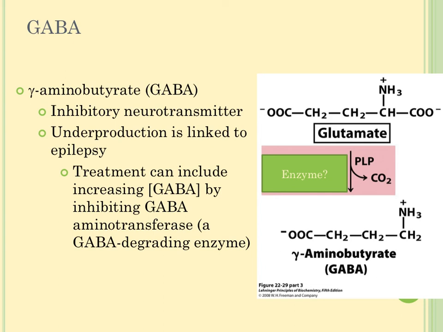The enzyme uses PLP. It's removing carbon dioxide. So what class or classes of enzymes can this one be? Decarboxylase. And if you're going to name this one specifically, it would be glutamate decarboxylase. We know it cannot be the aromatic amino acid decarboxylase because glutamate is not an aromatic amino acid. Okay.